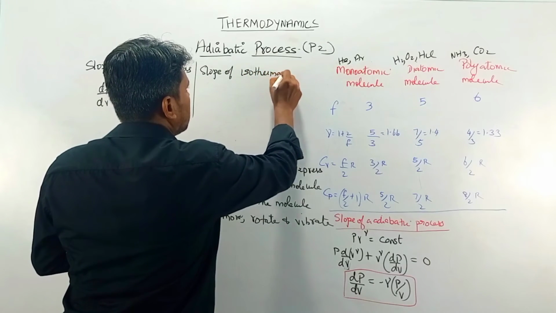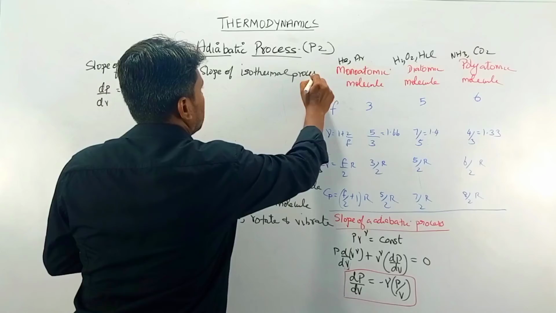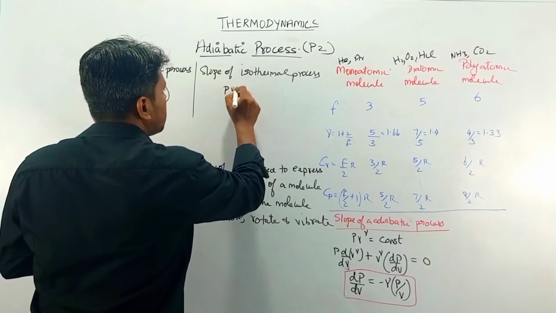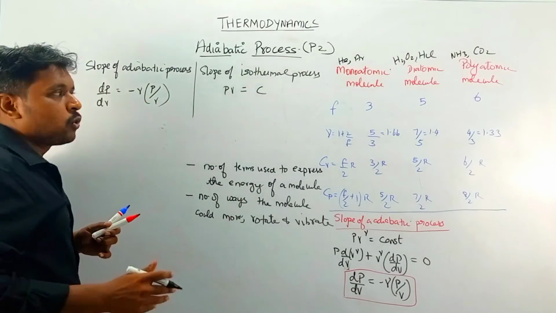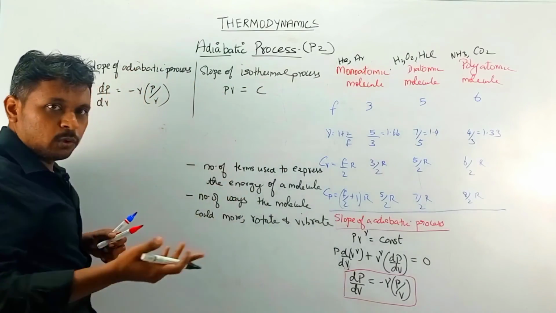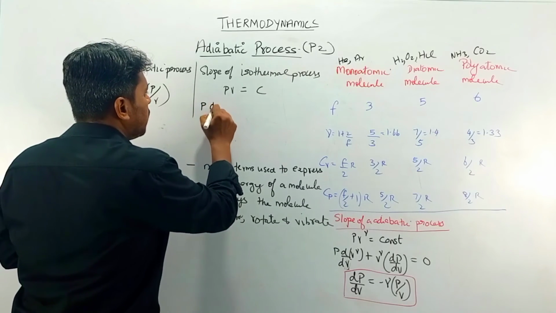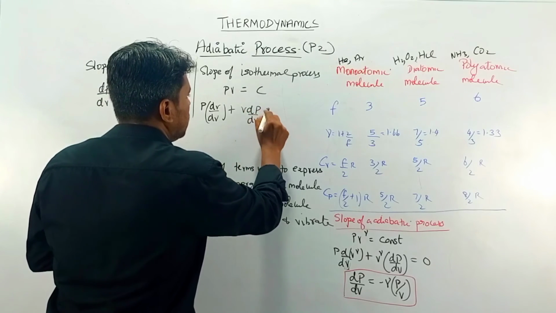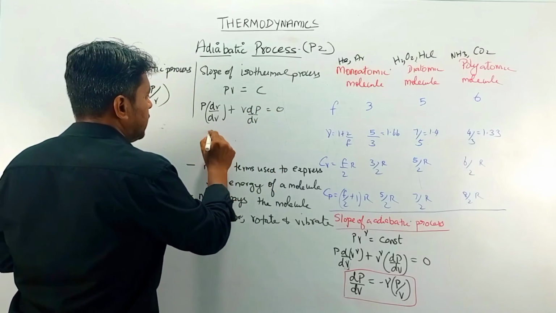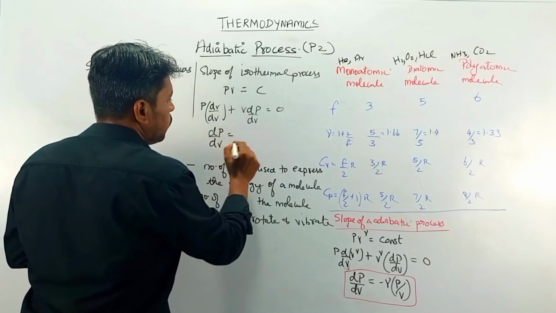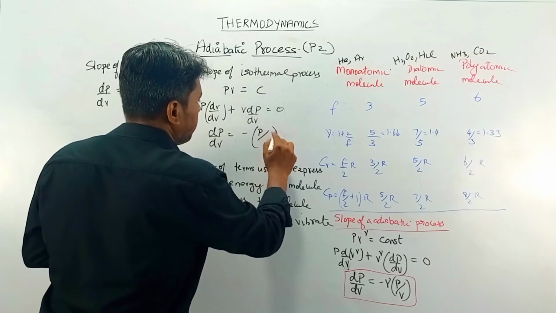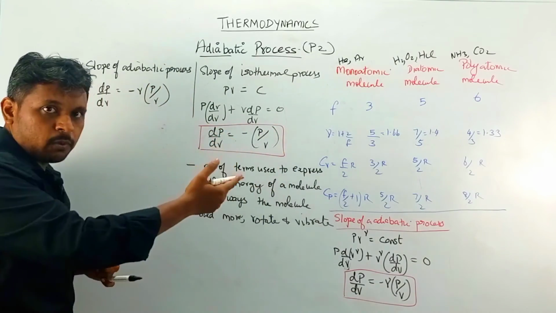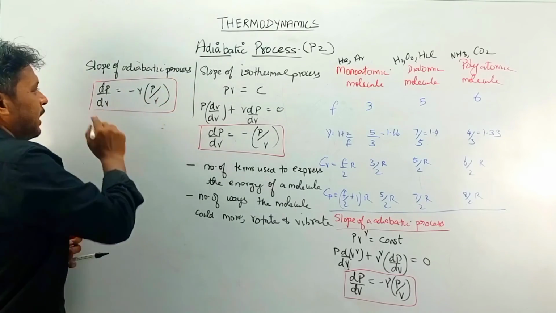To find the slope of isothermal process, the equation of isothermal process is PV is equal to C. Again, differentiating this equation with respect to V, it will be P dV by dV plus V dP by dV, which is equal to 0. From this we can write dP by dV is equal to minus P by V. Okay, so this is the slope of your isothermal process. The earlier one is the slope of your adiabatic process.